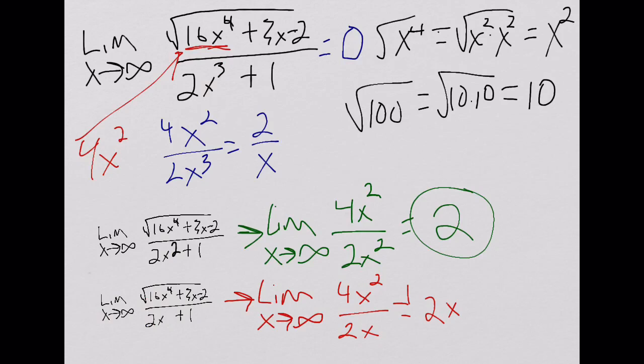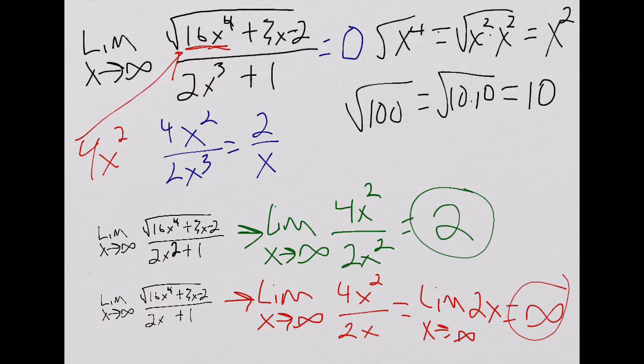Well, I should write my limit. Don't forget your limit notation. So I get the limit as x goes to infinity of 2x, and 2 times infinity is going to be a really big number. It goes to infinity. So my answer is infinity.